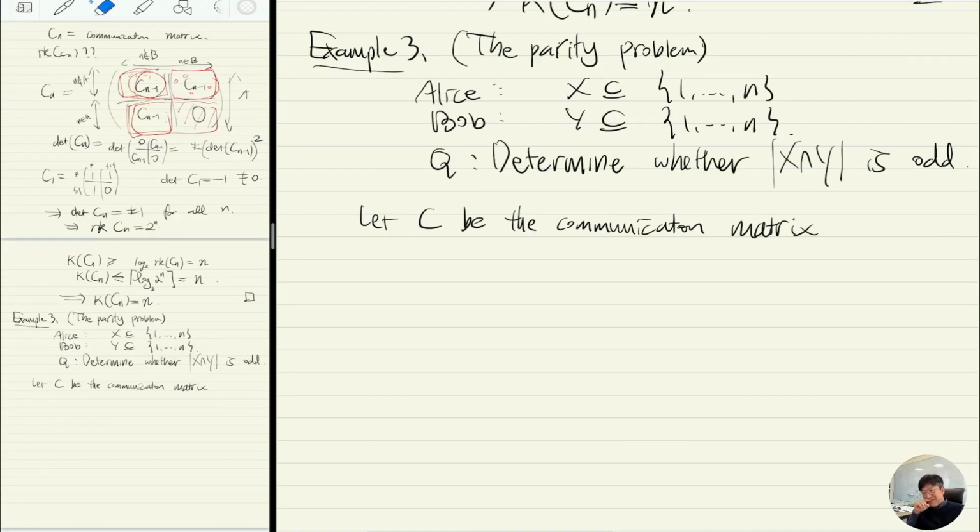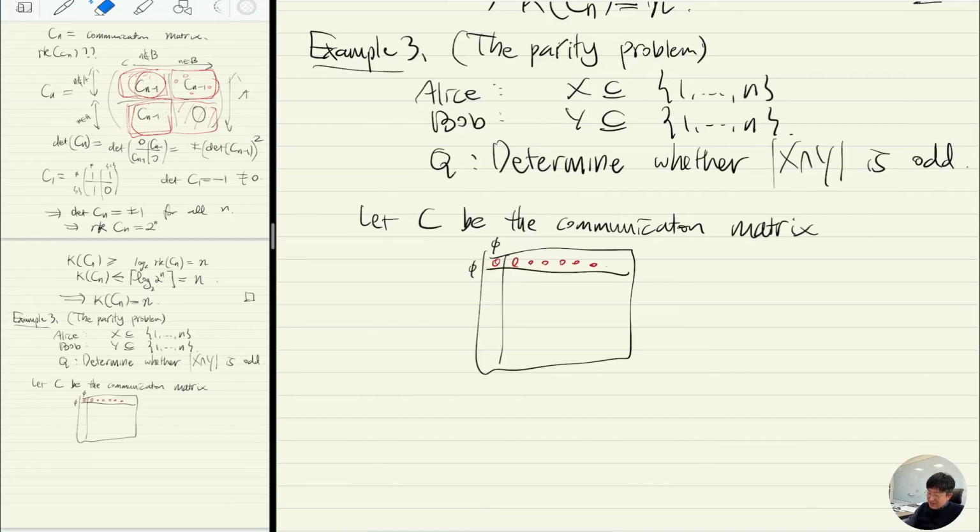But the problem is that you have a situation where both Alice and Bob receive the empty set. Then this communication matrix will have all zeros here and all zeros here, because the intersection is the empty set, which is even.